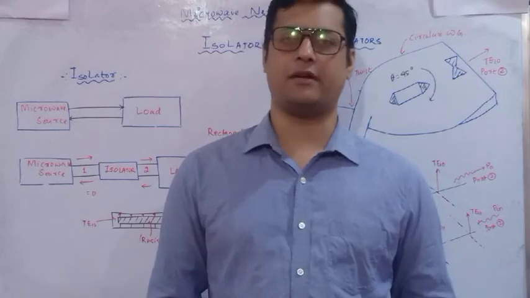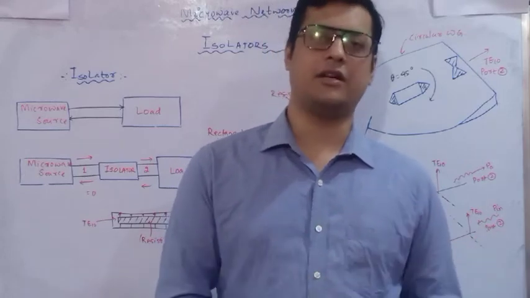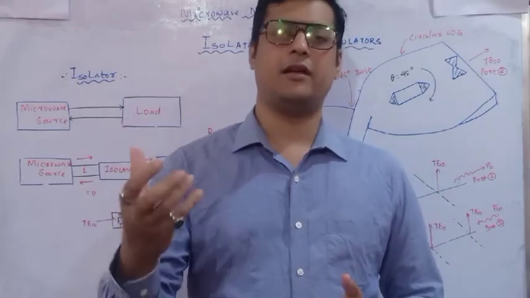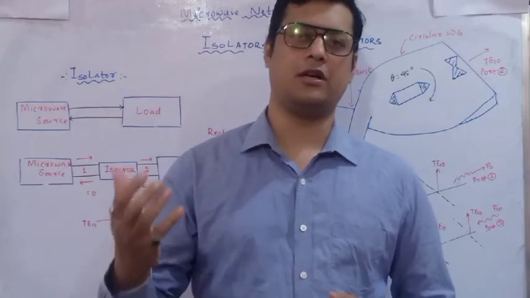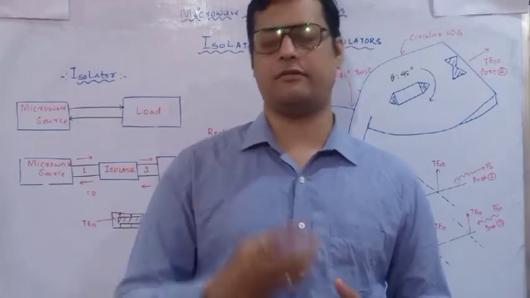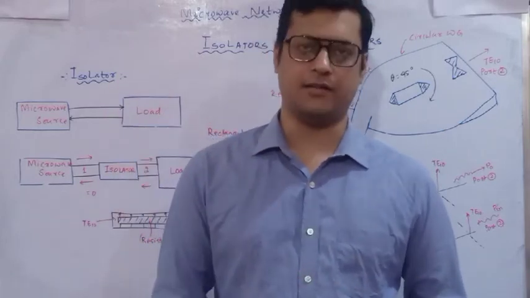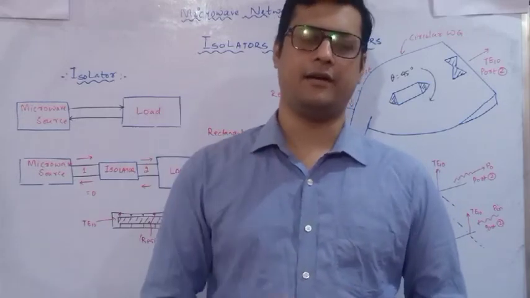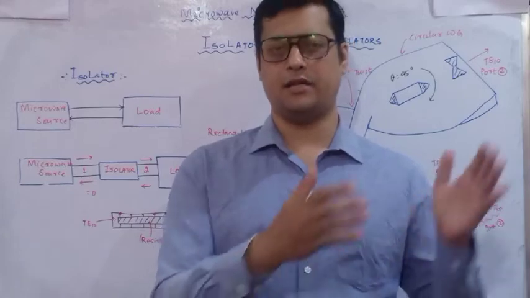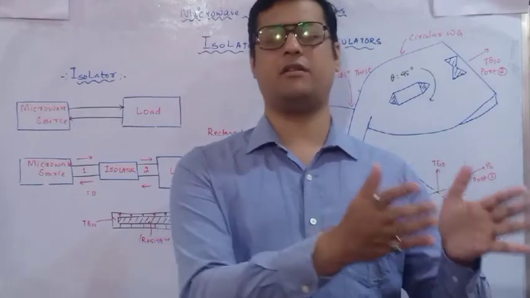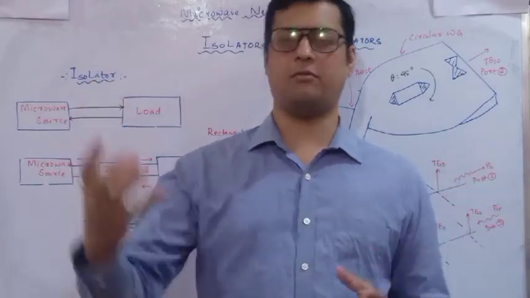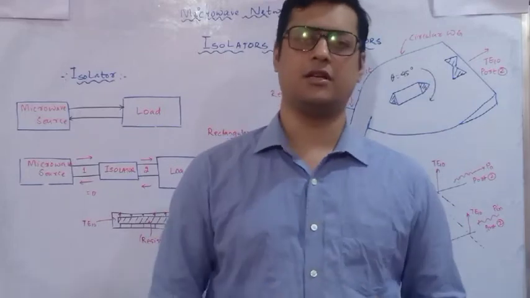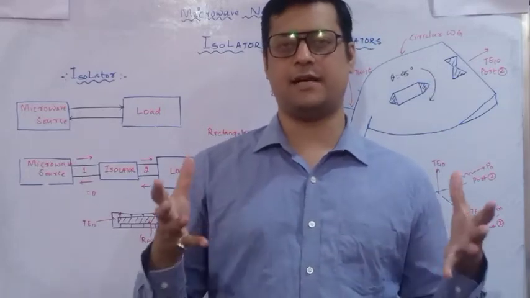When we are delivering some power at a load, some reflection will occur due to the mismatch condition, because we do not know what sort of load we are going to have at the end of the transmission line or waveguide. So the total power must be delivered at the load with maximum output. That is our main motive.